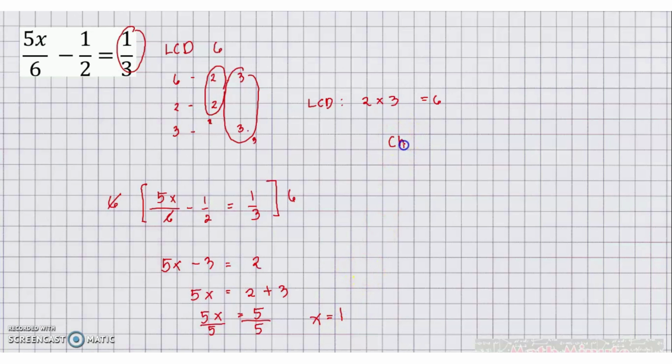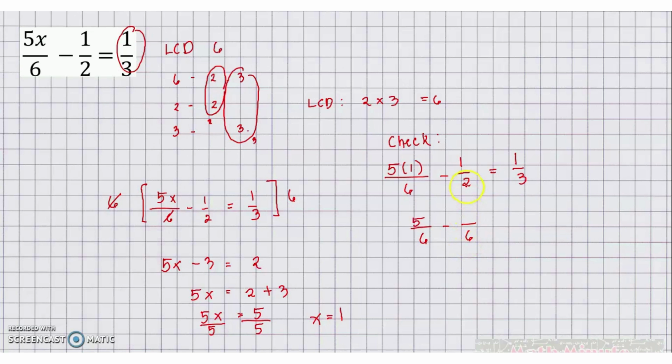So we need to check if your answer is correct. What you're going to do here is to substitute 1 as the value of your x. So this will be 5 times 1 over 6 minus 1 half. It should be equal to 1/3. So 5 times 1, that's 5 over 6. Then 1 half, we will convert this into similar fractions. So the denominator should be 6 also. Then to change the numerator, what you're going to do is to divide 6 by the old denominator, which is 2.